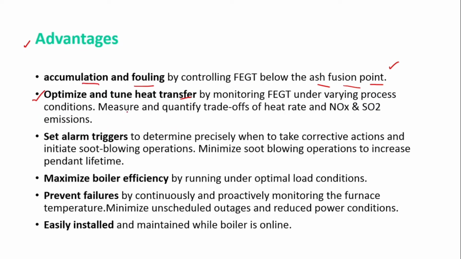It also measures the quality trade-offs of heat rate and NOx and SOx emissions, because when FEGT increases, our NOx and SOx also change. It also sets alarms to take corrective actions and initiate soot blowing operations if our FEGT temperatures are on the lower side.